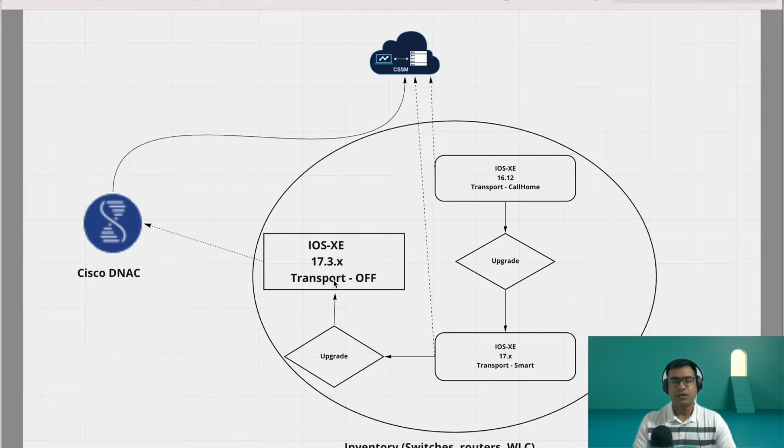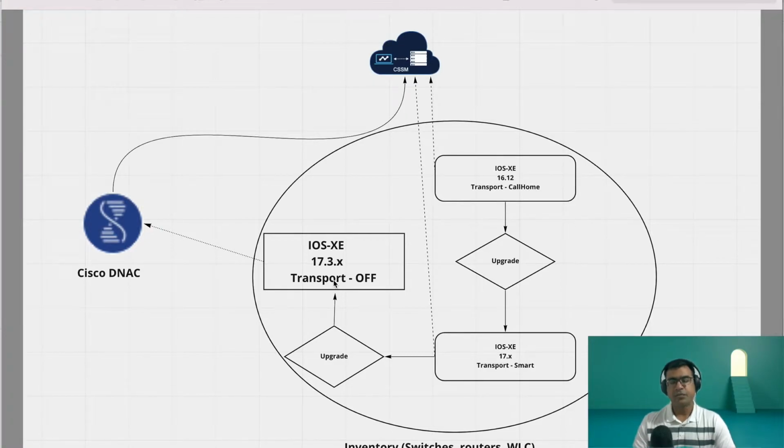So smart license using policy is taking away a lot of the burden of registering your device and consuming the licenses from CSSM and all those things. Now it is a consumption based model where you only have to report your usage and you really don't need to register and all those things.